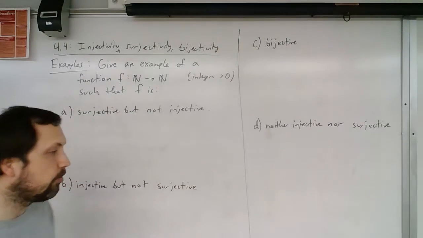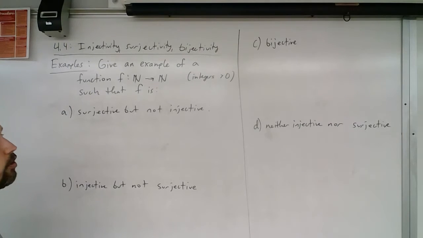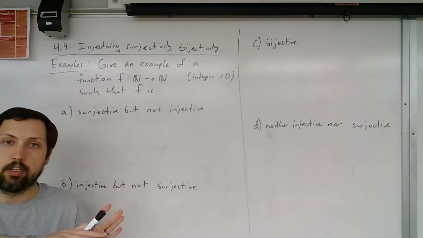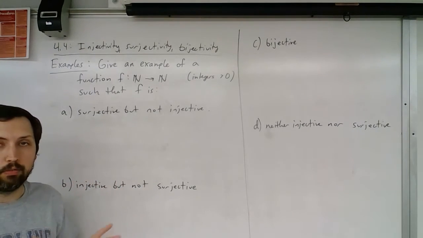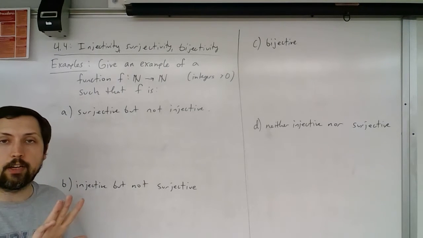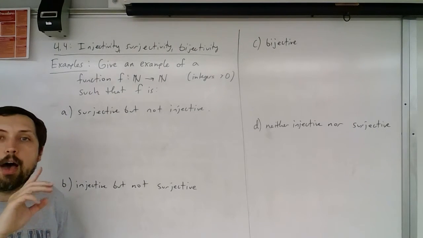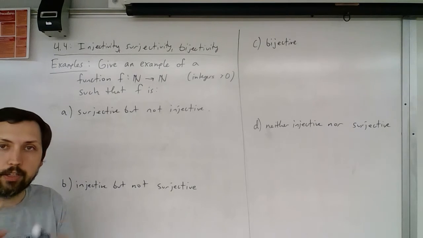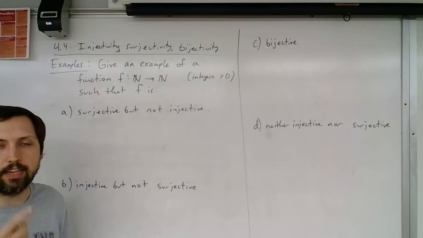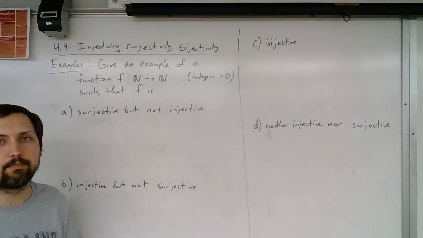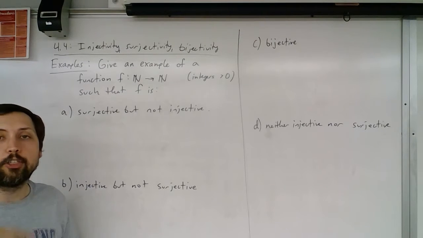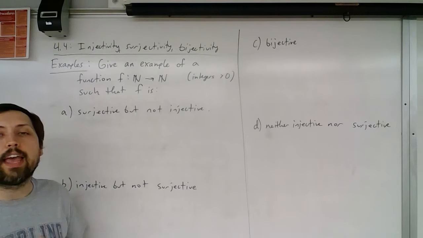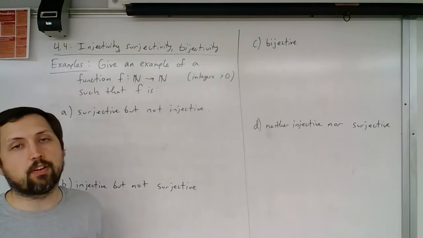So what I want you to do, if you're able to, is try this on your own first. If you want to pause the video and try it, great. I'll give you a hint after you pause the video, then you can pause it again after the hint if you would like. The hint that I'll give you is try thinking about piecewise functions.